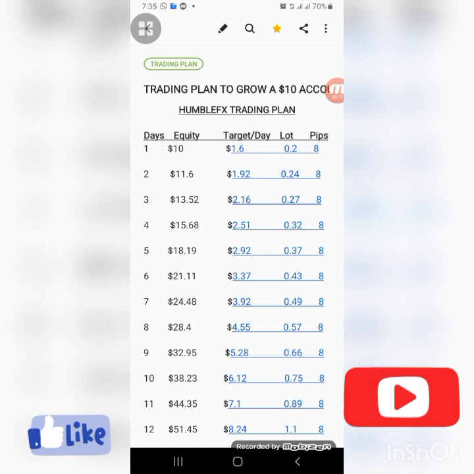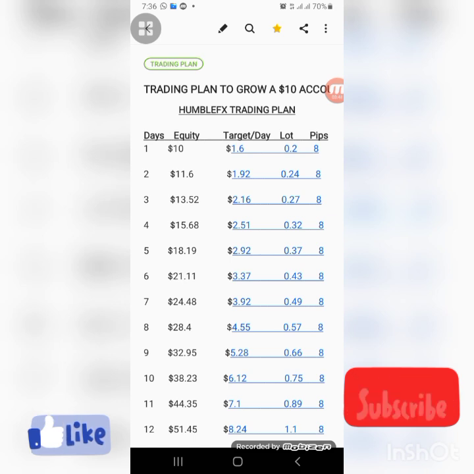If you want to partake in this plan, you can join the VIP. I will be starting this on the 1st of next month. So if you want to join us from day 1 till day 30, then you join the VIP group, and I'll be sending you the signals that you're using to trade.